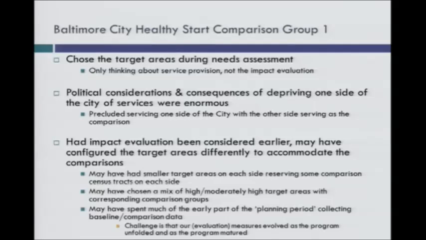And at that time, there wasn't much thought given to the evaluation at all. So the target areas were chosen partly for political reasons, very much for data reasons that I showed you. They were sort of equally matched, the highest risk areas. And had we been thinking about the evaluation, I think we would have designed it differently.